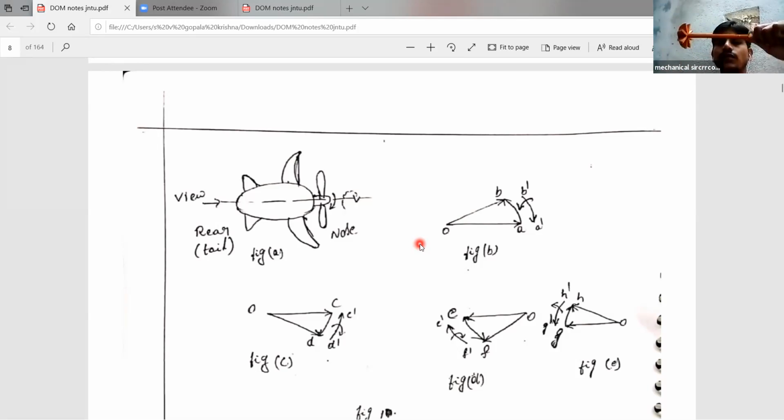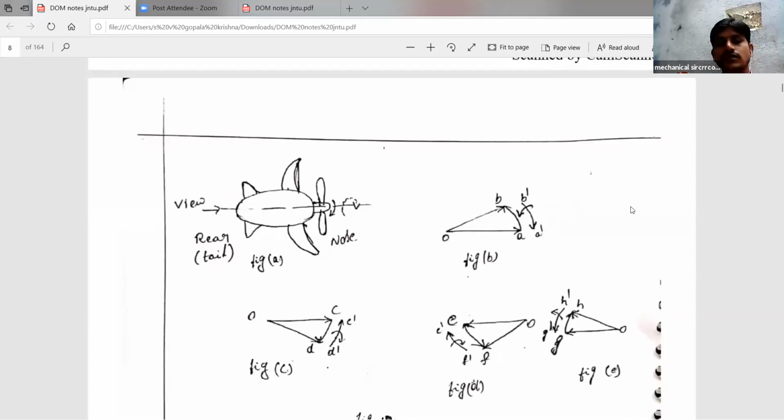Then the effect of gyroscopic couple is, if those have the same turning movements, that is, our direction of rotation is the same as our turning, left turn or right turn, both are equal, then simply write those directions here.